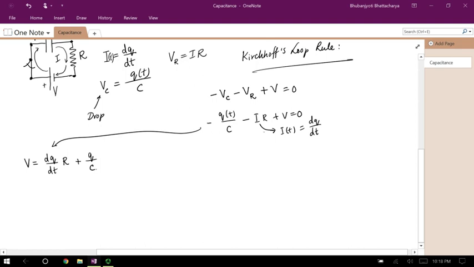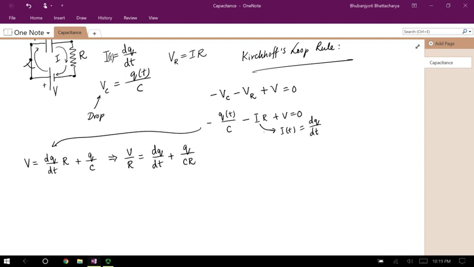All right, and we can go one step further and write this as V divided by R is equal to dq/dt plus Q over CR. Now this is a differential equation that we can solve. We'll try to solve this in a very simple way, without getting into differential equations.